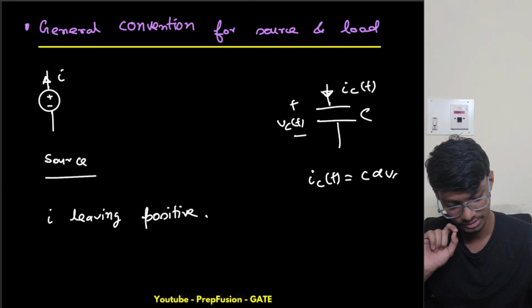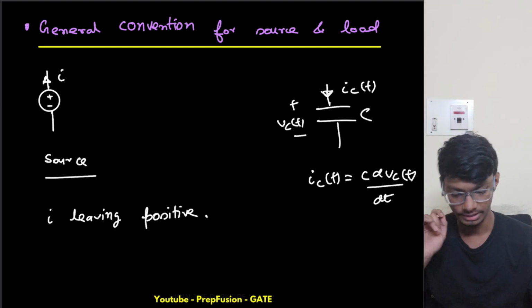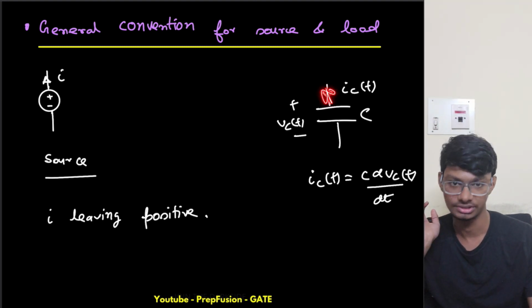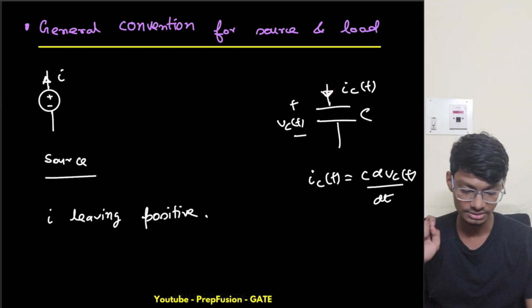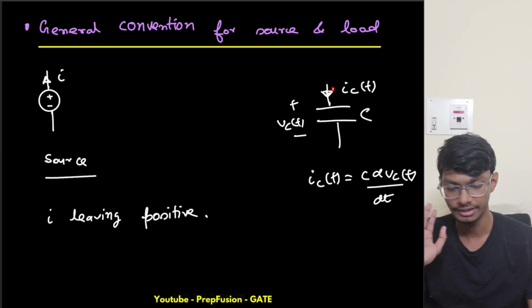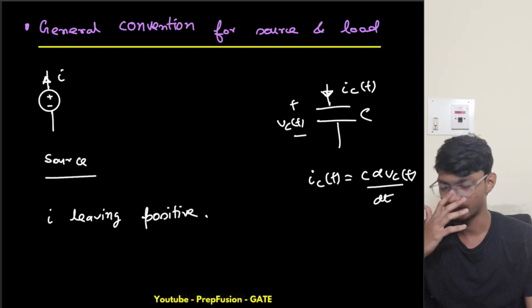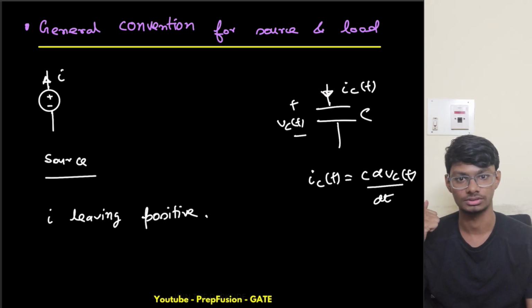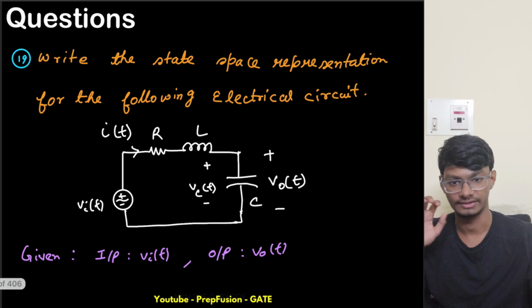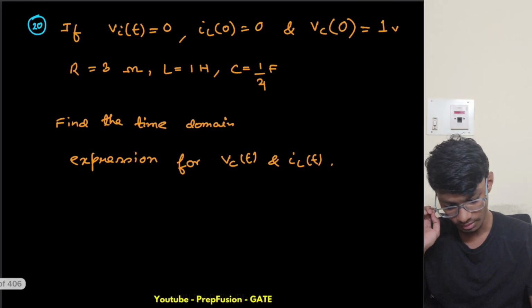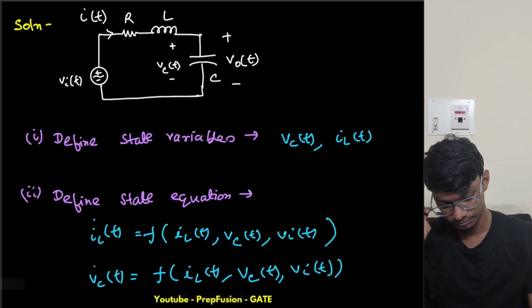One thing you have to keep in mind: if for some reason the current is in the opposite direction, I will take this as minus C dVc by dt. So this was just a basic concept. I hope Himanshu has taught you this in network also, but I still wanted to clarify this.